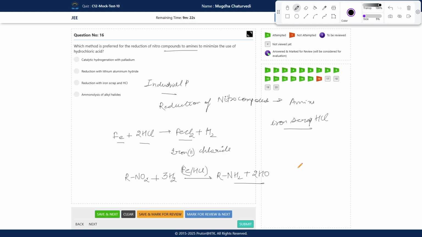So if I look at a particular example, here if you have a nitro compound, when you treat it with Sn plus HCl or with Fe plus HCl, it gives an amine, which is NH2.